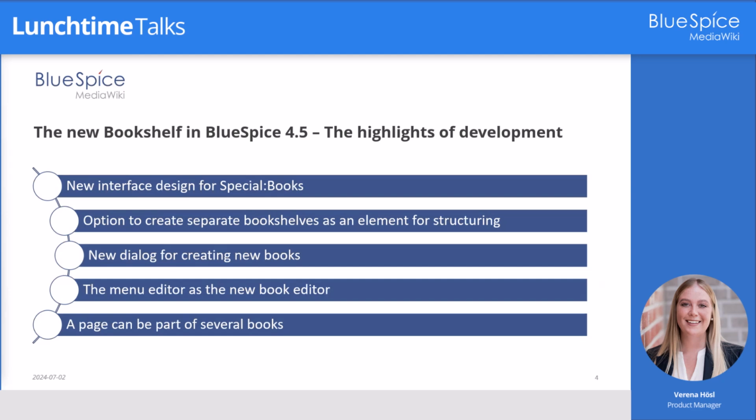If you're on a page, for example, and edit it and decide that you want to create a book now, you can just simply click on the split button, select new book, the dialog will open, then you insert every value you would like. The only value which is mandatory in this dialog is the book title. Any other value is optional. Those are, for example, the subtitle, the bookshelf itself, and also the book cover image.